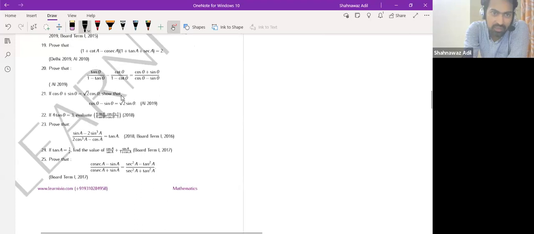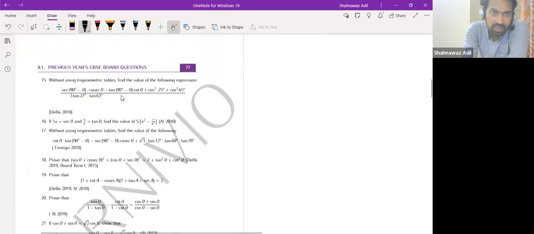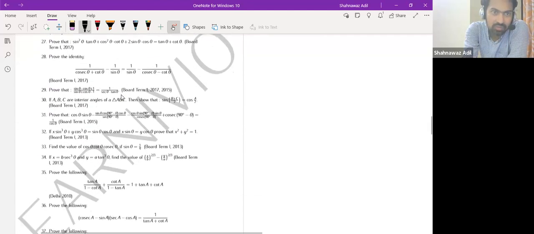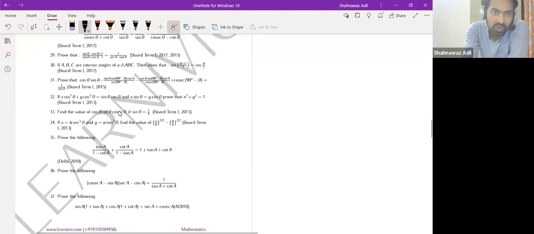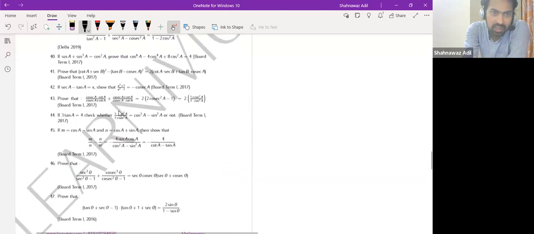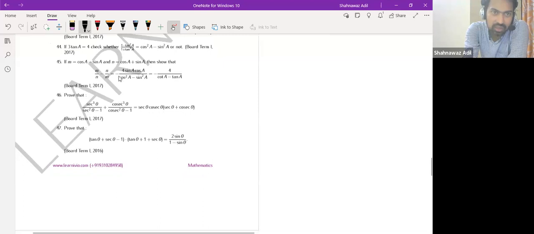So yeah, there is a very beautiful question in this assignment. When we do a couple of questions from the NCERT, then, where is that question?